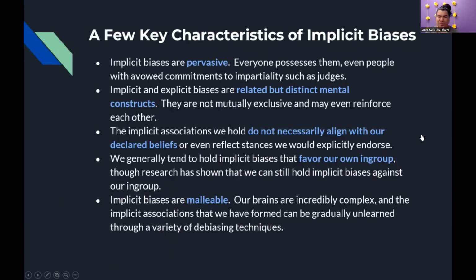And I tried to pull out some keywords as well within each of the bullet points, so you can see what I'm talking about when I'm explaining implicit bias. So that they're pervasive, and I think through the video it showed it's throughout our whole life. We're fed all kinds of different messages, like I said, from the media to your educational systems to your friends to your families.